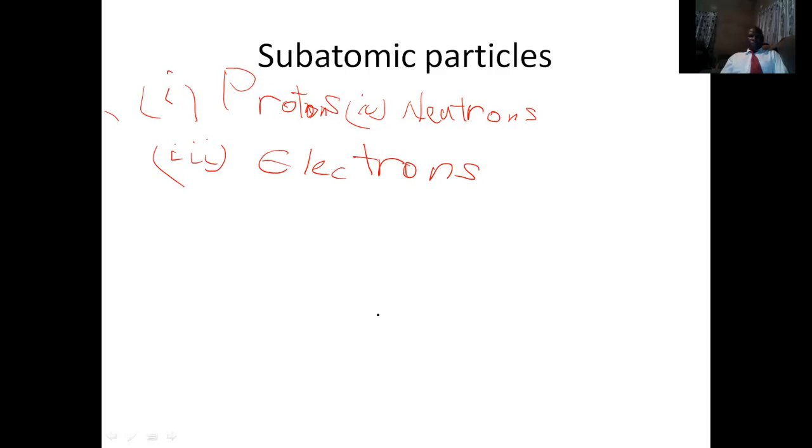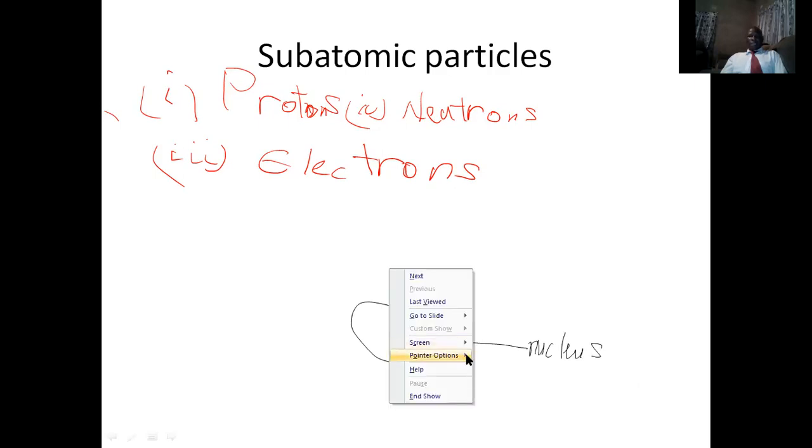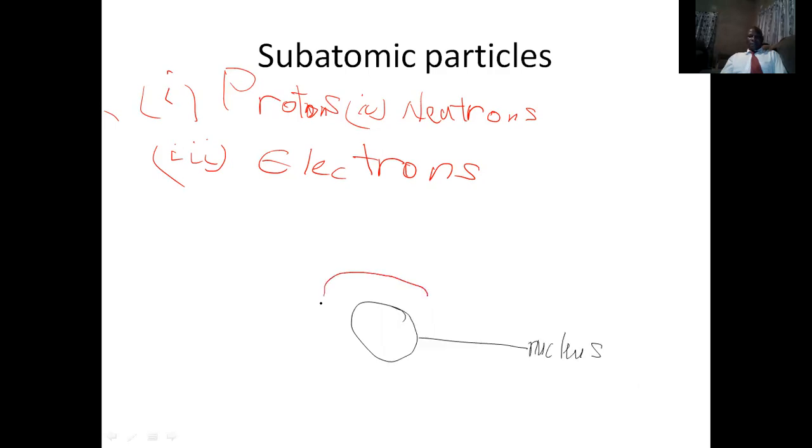And the location of these is that an atom has a nucleus. This is the nucleus of an atom. And then around it, it has shells. An atom has shells around it.